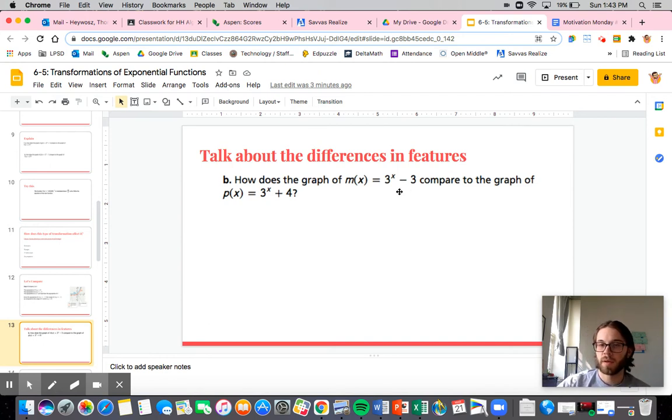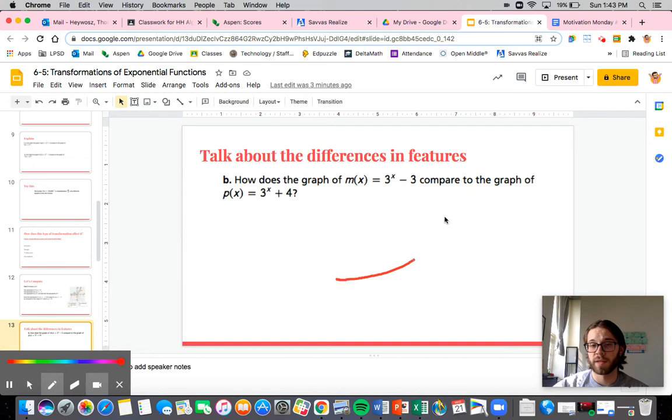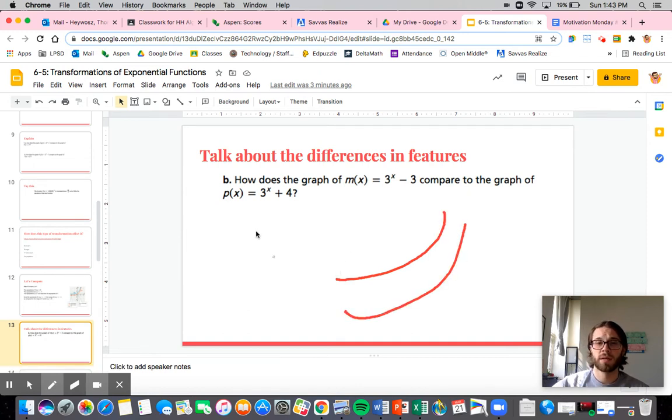So that is ultimately how they compare. If you were to look at it as a graph, you would have something like this. Here's my original. The negative 3 would be down here. The positive 4 would be up here. Simple enough.